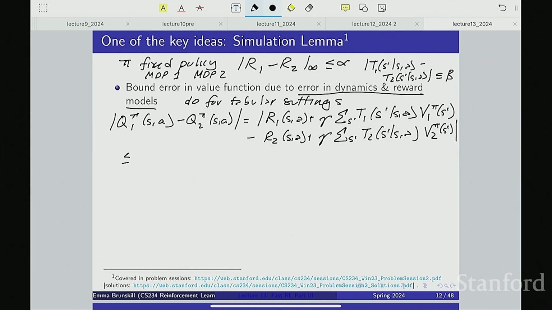As follows. We're going to just use the triangle inequality first. So we're just going to say this is less than or equal to R1 minus R2, so I use the triangle inequality, plus gamma times the difference in the second terms.